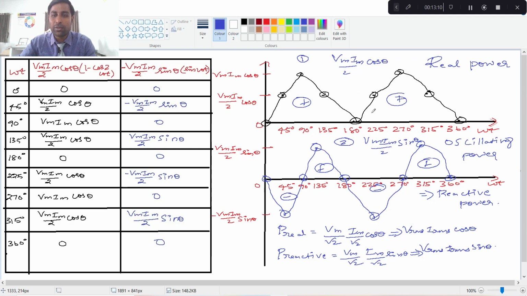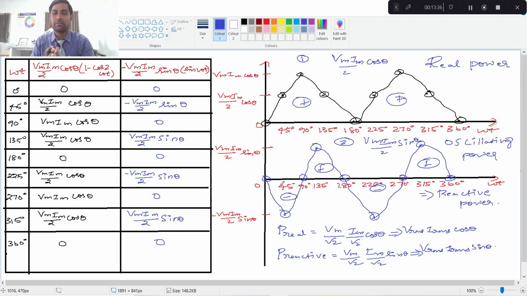In real power, you see your power will not get to negative, which means all the power has been transferred from source to load, only source to load, which means my power is always positive. And not only the negative power, you have to say that whatever power is oscillating between source and load, we are calling it reactive power.